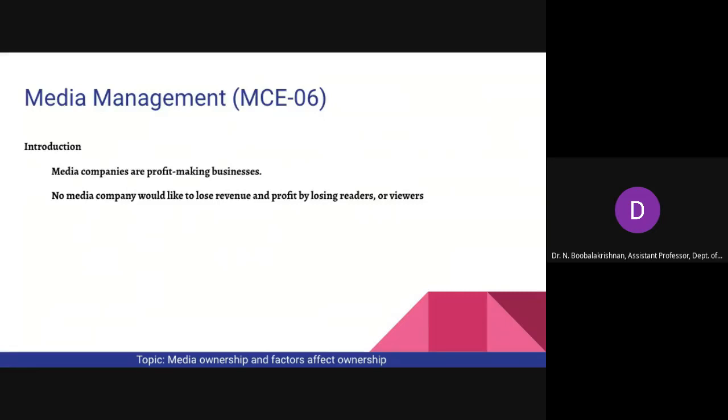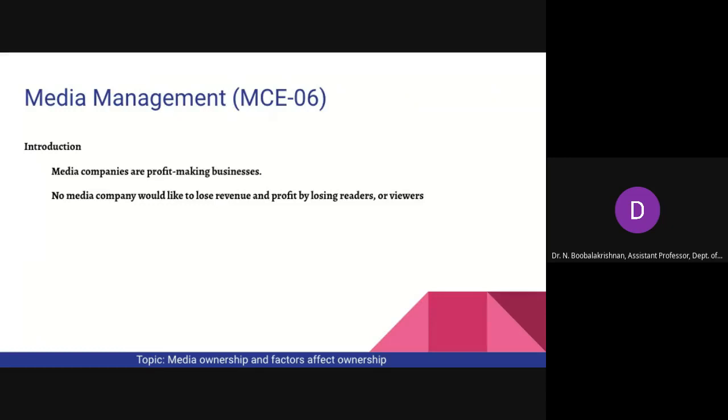Those who commission and plan programs for this media business, or decide the newspaper or magazine content, usually have to play very safe by excluding anything risky, because the media directly depends on the readers and the viewers. So whatever content they select should not offend or upset the readers or viewers, especially with reference to magazines, newspapers or television content.